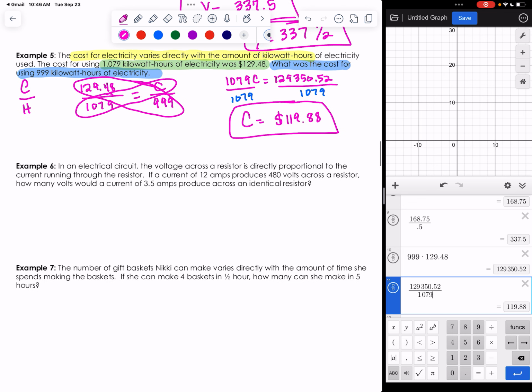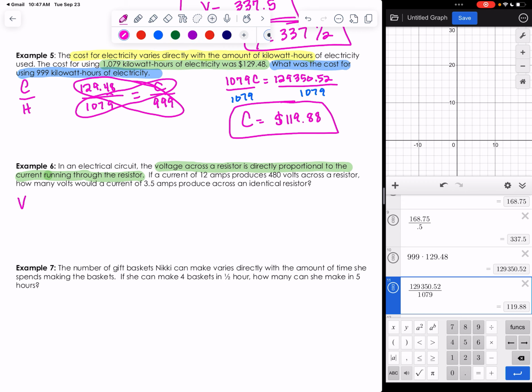All right, example 6. In an electrical circuit, the voltage across a resistor is directly proportional to the current running through the resistor. So let me get a highlighter here. The voltage is directly proportional to the current. So if a current, so let me just set that up.